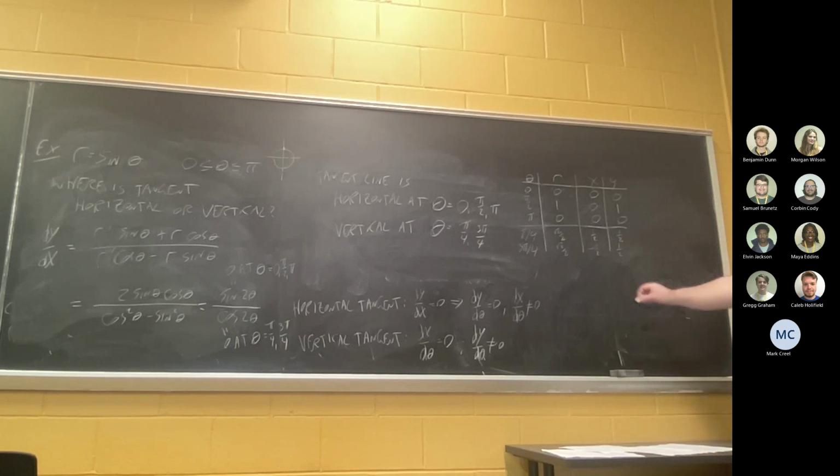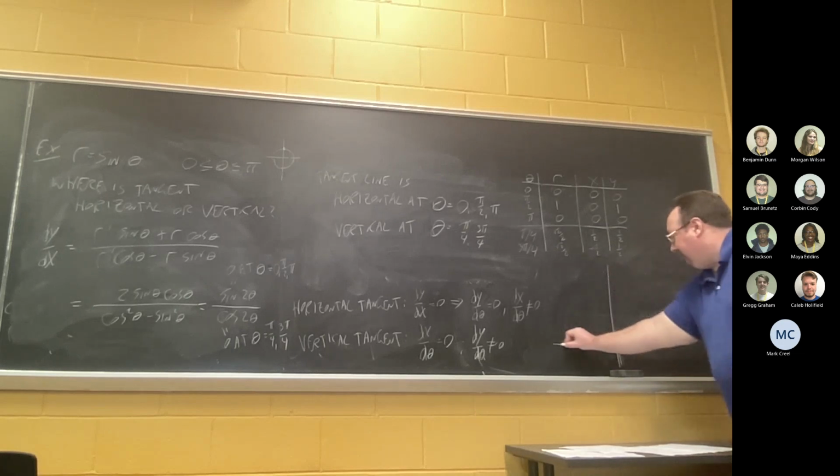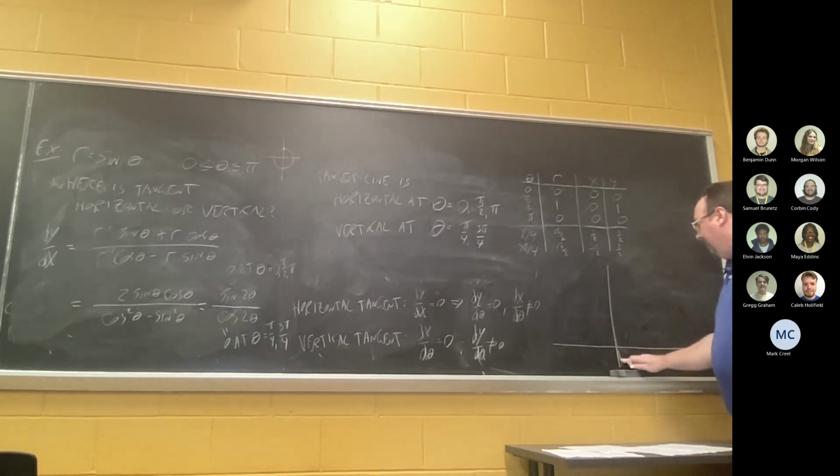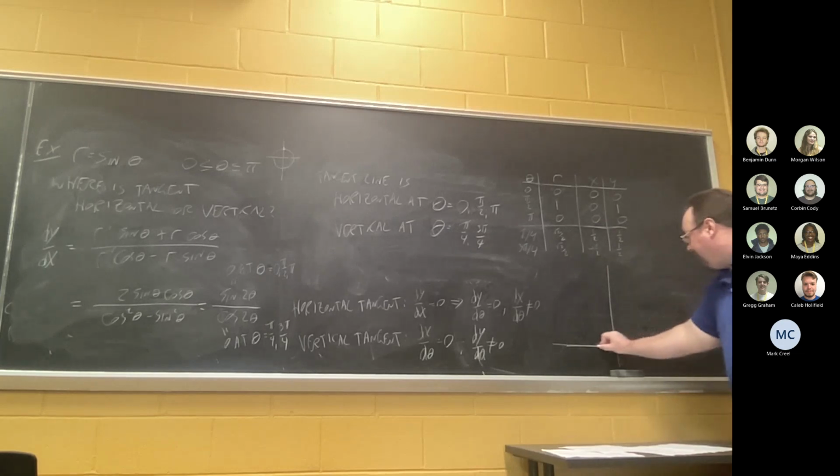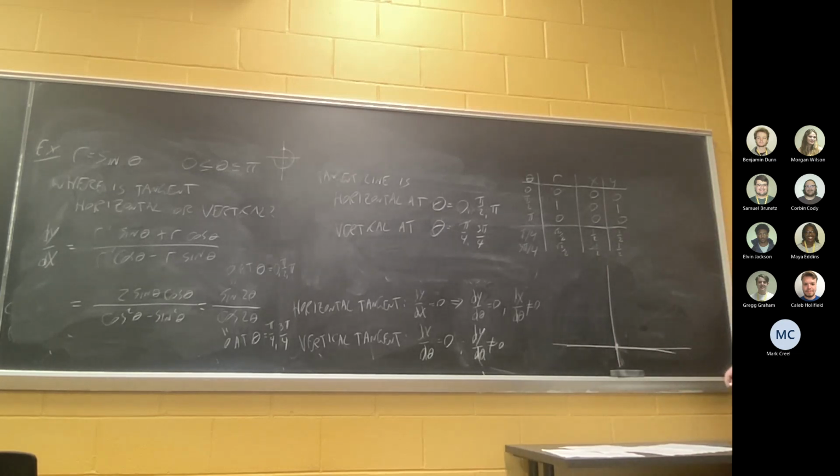Notice all my y values are positive. I mentioned previously that if you have r equals a constant times sine theta, it's a circle that sits on top of the x-axis. At 0, 0, we have a horizontal tangent, and also at x is 0, y equals 1, also a horizontal tangent.